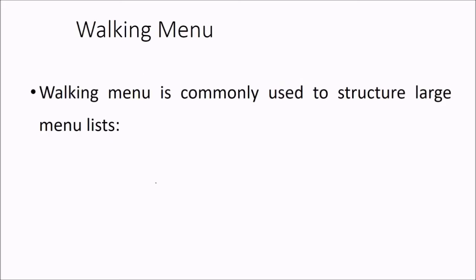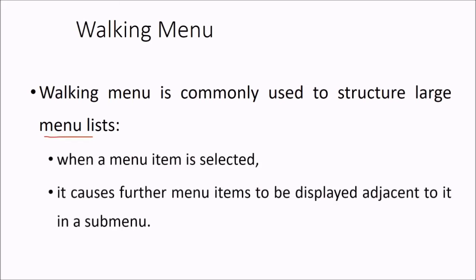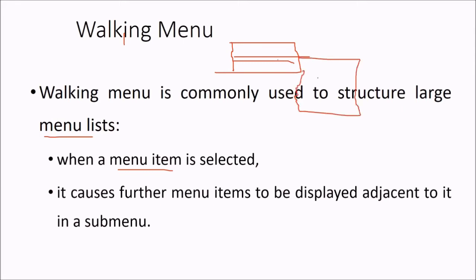What about the walking menu? This is employed to structure a large menu list. When any menu item is selected, it causes a further menu to be displayed adjacent to it as a submenu. Like you have this menu and you choose an item from here. When you choose an item, there will be another menu. Then if you choose one from here, there will be another menu.